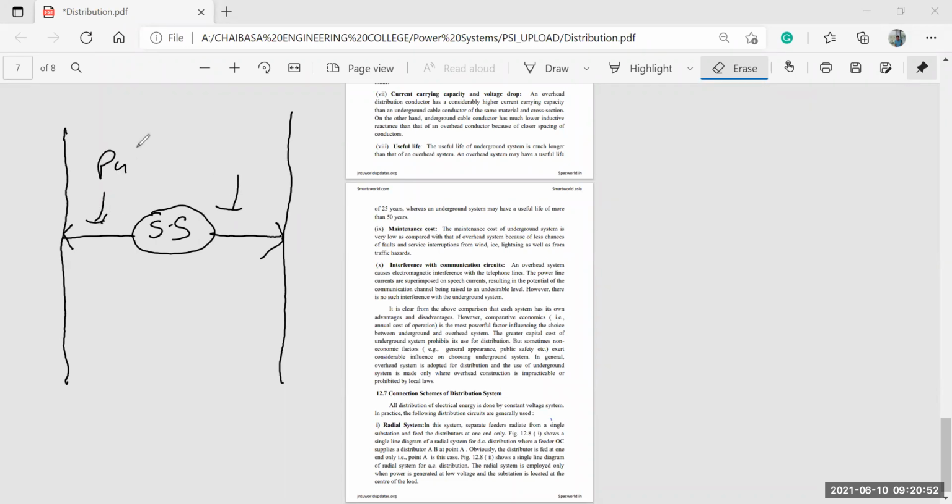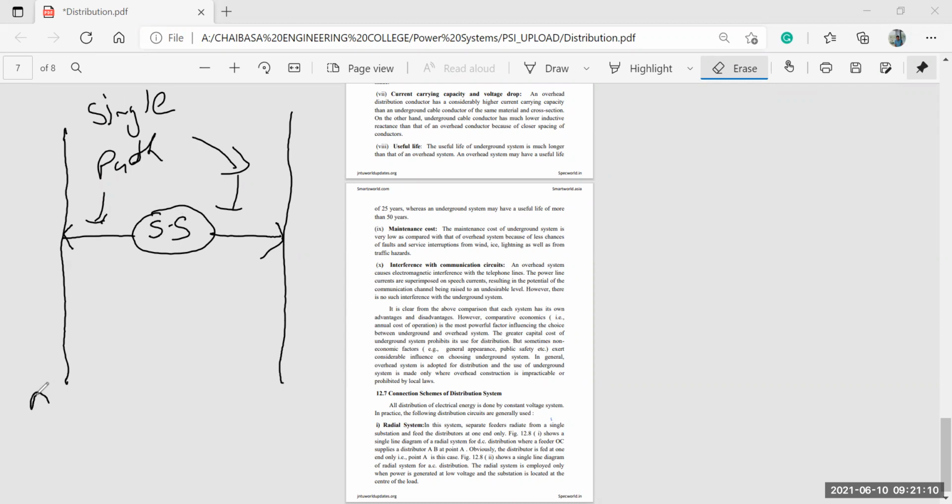One path. Okay, over here also, right? Single path is connected to the distributor.